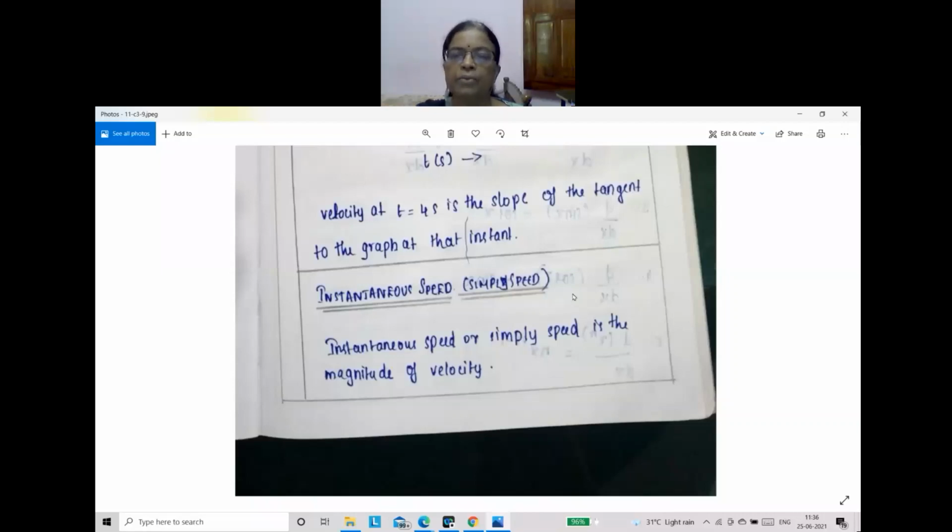Speed plus direction is velocity. Without considering the direction, if we simply write the magnitude of velocity, that becomes speed.